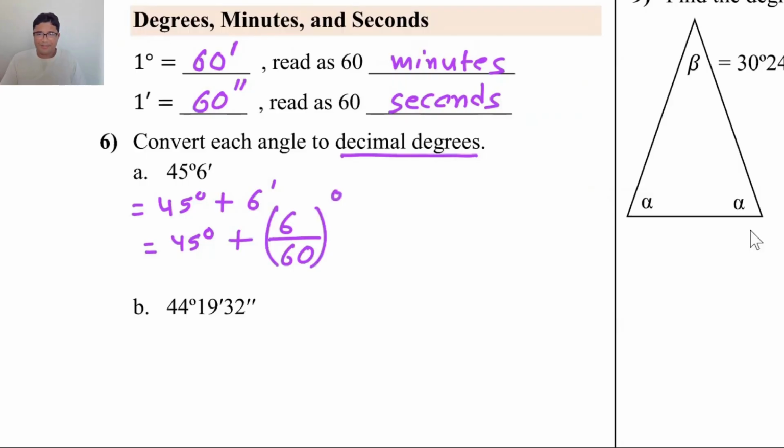To convert from minutes to hours, you divide by 60, right? So to convert from minutes to degrees, divide by 60. And clearly that's going to be 0.1. So that is going to be 45.1 degrees when you add.